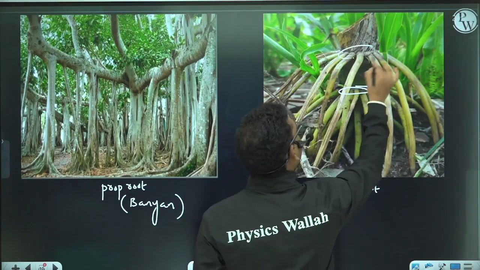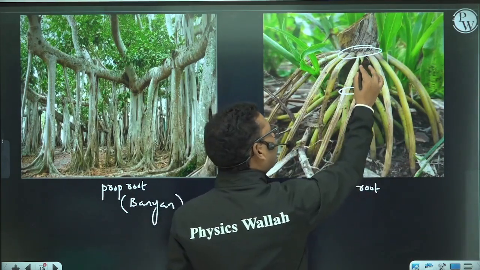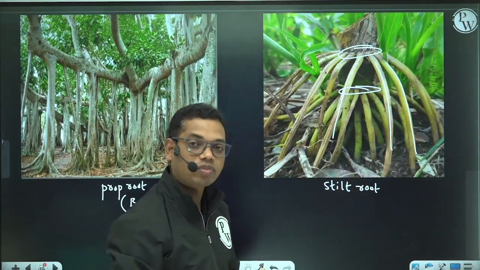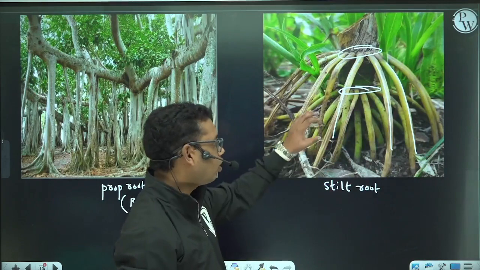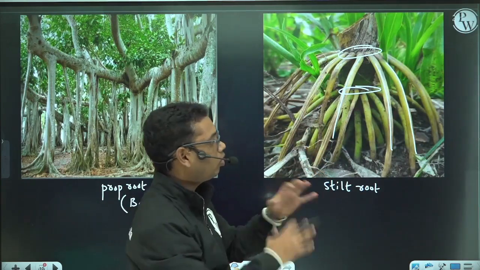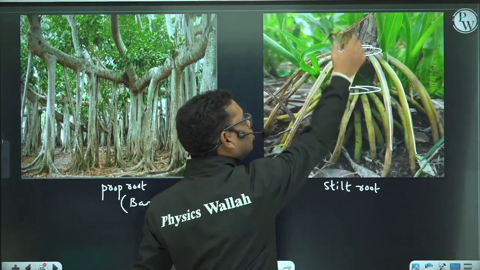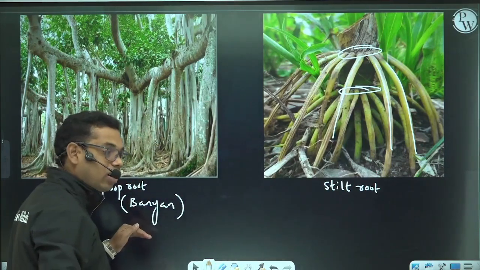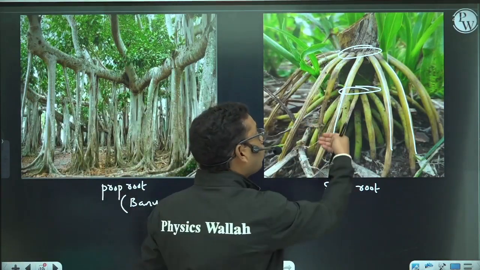Okay, and this part is also node, and from the node a number of roots are developing, and the roots are growing in oblique manner. They are going in oblique manner, and they will reach the soil surface. They will penetrate the soil, and they will provide mechanical strength to the stem. Okay, so these roots, they grow vertically downward, and these roots, they grow obliquely.